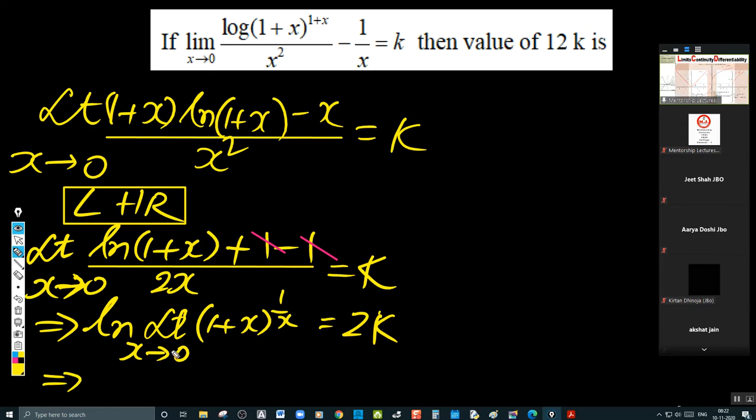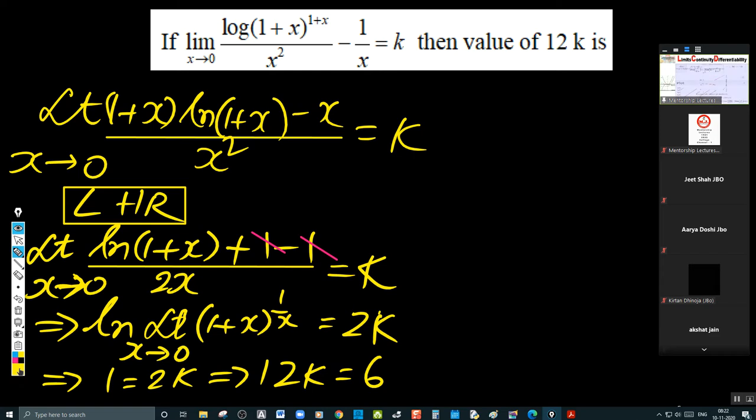So it is nothing but e; its value is e. It is in the form of 1 power infinity. Just check it out. So 2k is equal to 1, implies k is 1 by 2. And he needs 12k, no? Multiply both sides with 6. So 12k is 6. That's it, please.